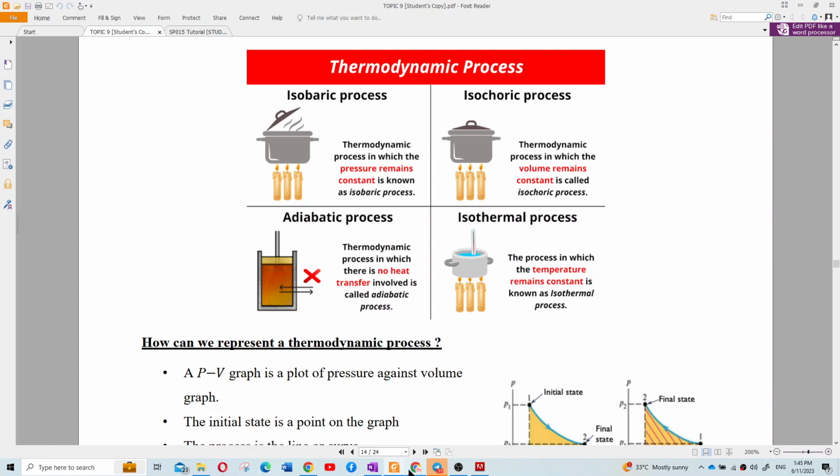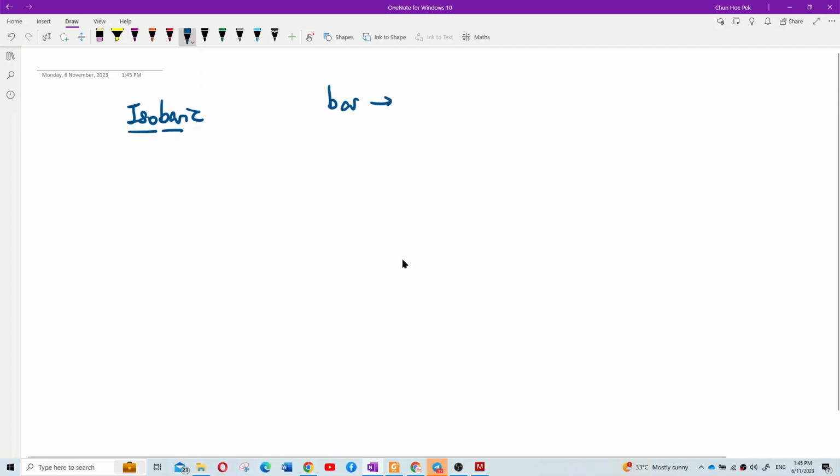Okay, isobaric. Okay, class, isobaric. As the word itself tells you, what is meant by isobaric? Bar, if you Google it, bar is a unit for pressure. Got right? Barometer.